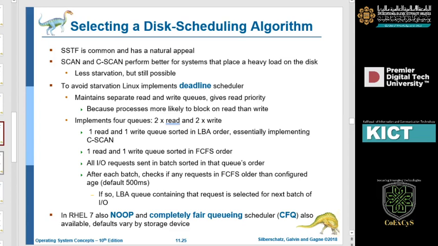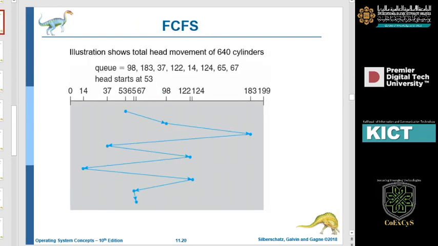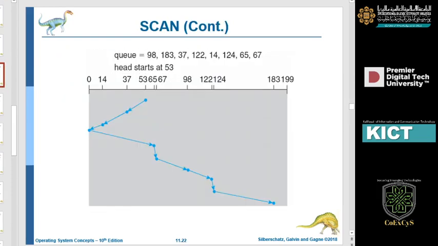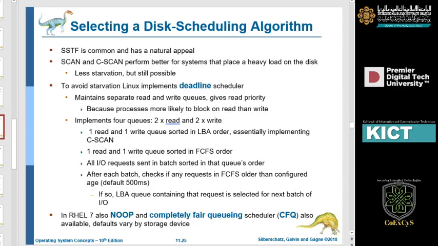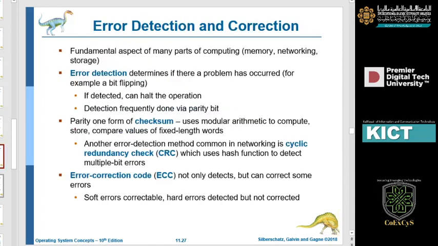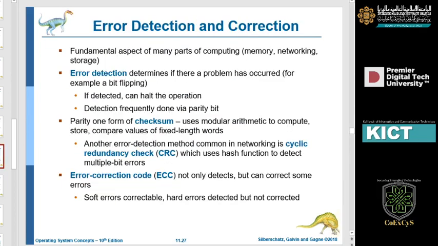The first is first come first serve. The second is SSTF, not really shown here, but basically it's an algorithm that orders requests by which one is the closest, and then schedules it that way, right?